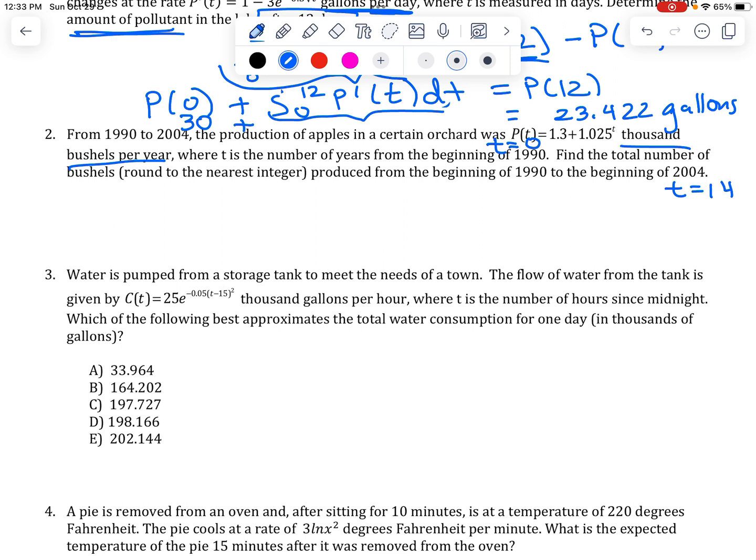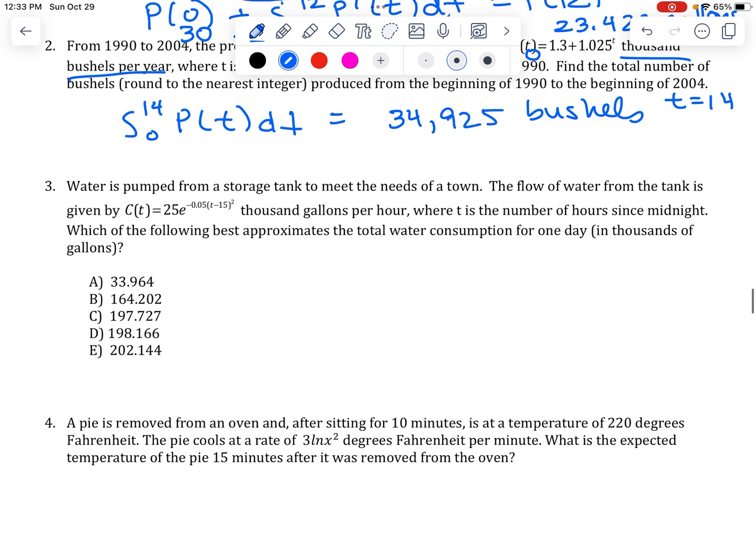I want the total number of bushels from the beginning of 1990 to 2004. So this is not asking for the final amount of bushels. It just wants to know in that time interval, how many did I have? So I would just be integrating this from 0 to 14. Just use your calculator and you should get 34,925 bushels.